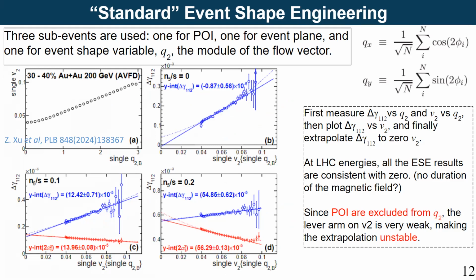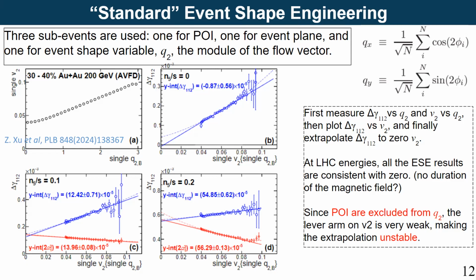The x-axis is that Q. We call it Q2B, meaning B is a separate sub-event from the particle of interest. So you see, even when Q is zero, this V2 is finite and pretty large. That's why when you plot delta gamma as a function of Q, there is this open space.